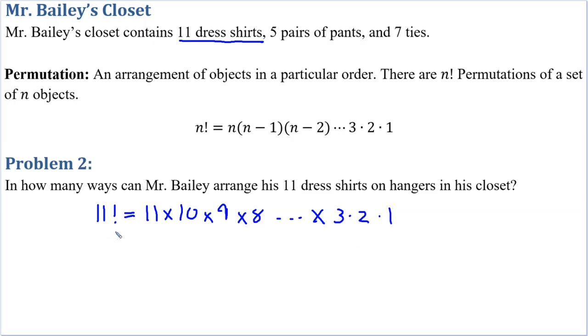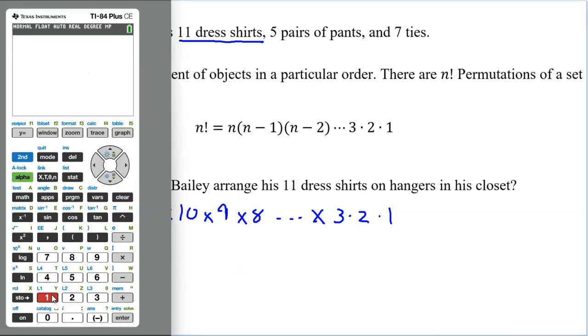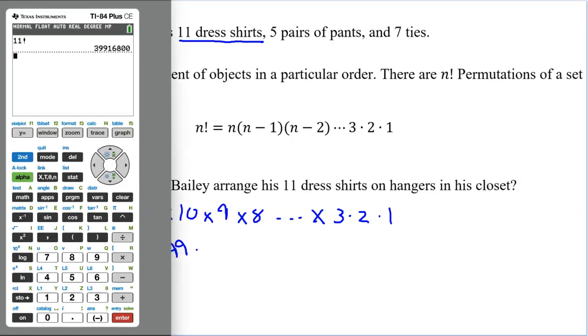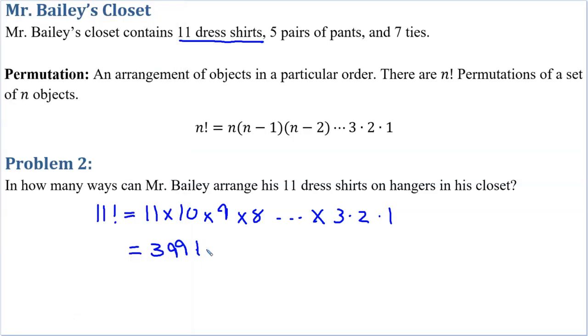Or we could also look for the factorial operation. If I pull my calculator out, I'll go 11, and then for the factorial key, I'll go math, scroll over to prob, as in probability and statistics. Scroll down to option 4, there's my exclamation point, there's my factorial. 11 factorial, hit enter, and I end up with, holy smokes, 39,916,800.